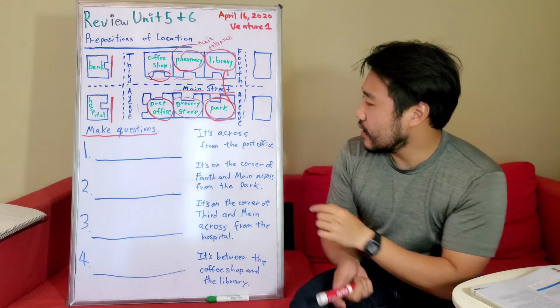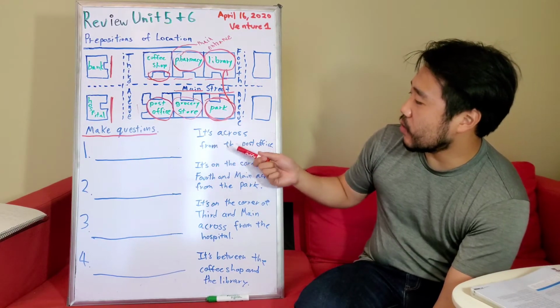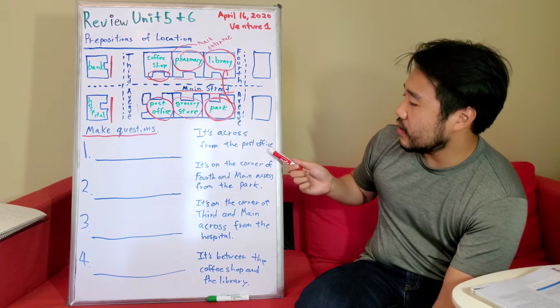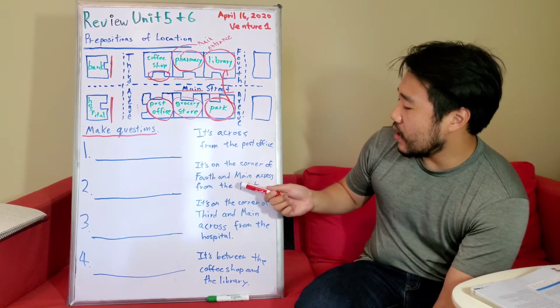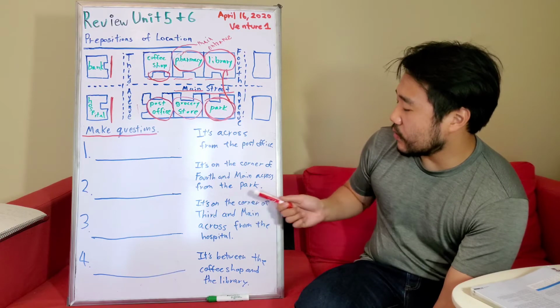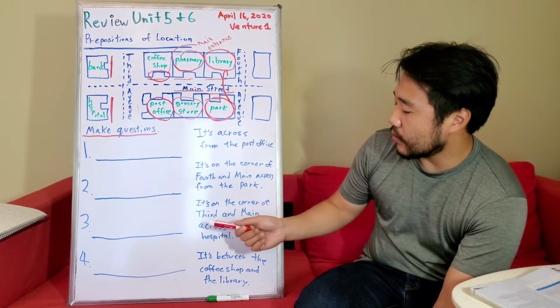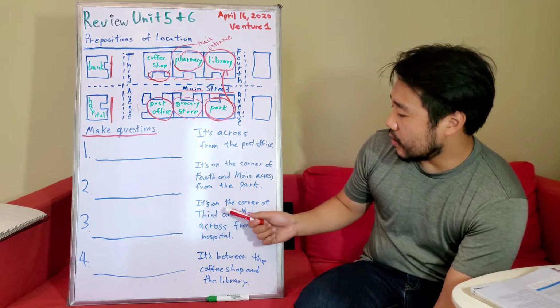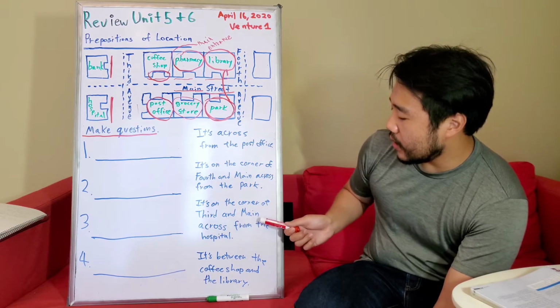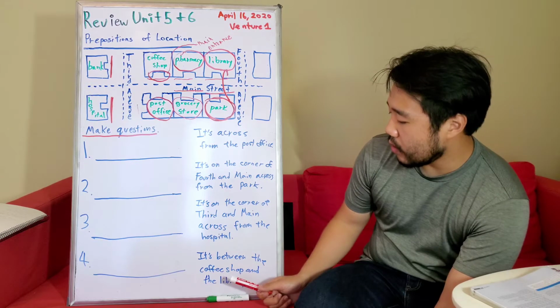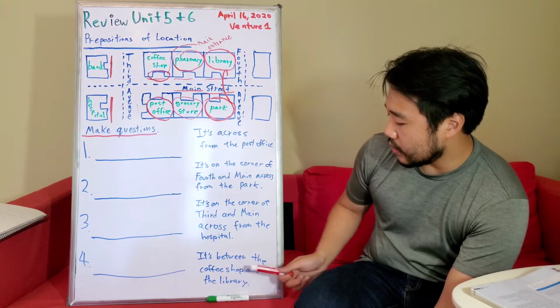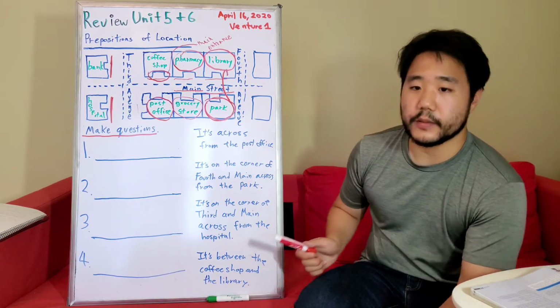So for number 1, it's across from the post office. For number 2, the answer is on the corner of 4th and Main, across from the park. Number 3, it's on the corner of 3rd and Main, across from the hospital. Number 4, it's between the coffee shop and the library.